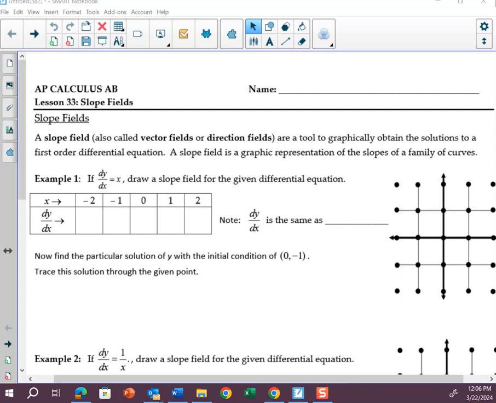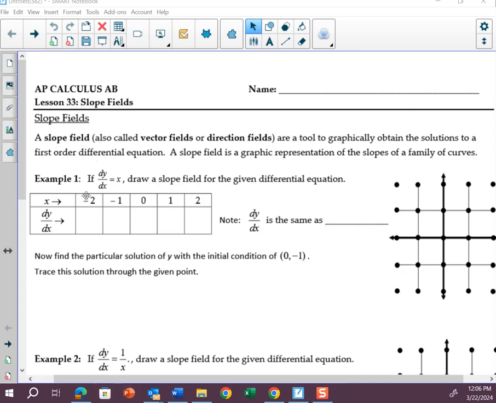And it's going to show these curves by sketching little lines that represent the slope of the curve. As we represent the slope of the curve, you'll be able to see that the overall pattern will sort of give you an idea of the look of the curve.